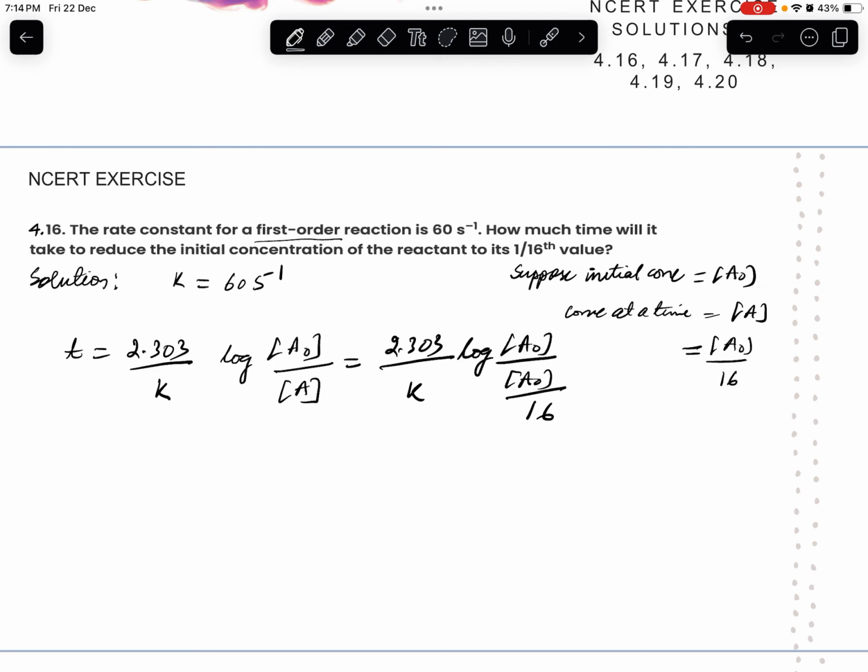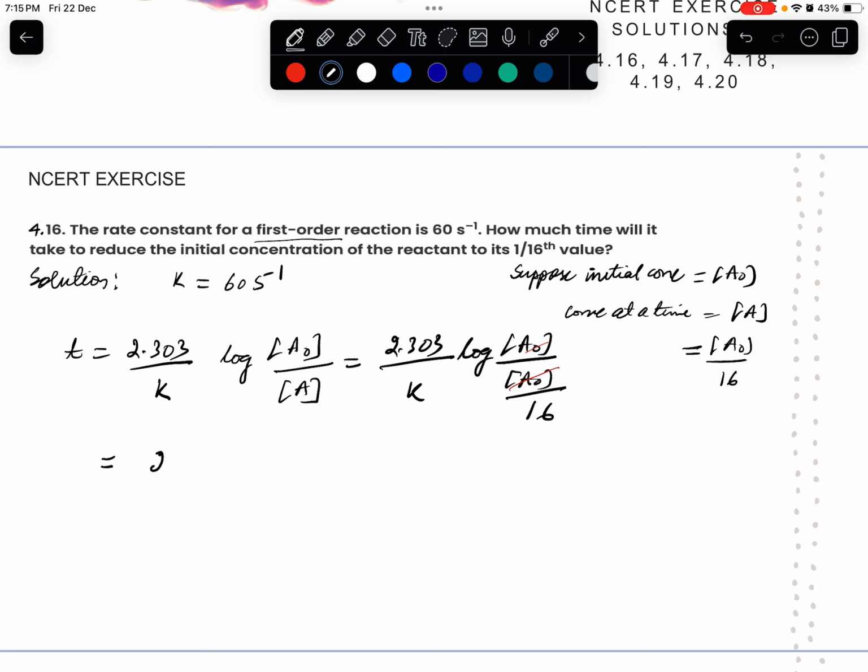We can simplify this. A naught will cancel out, and we are left with 2.303 divided by the value of K, which is 60 per second, and log of 16, because here 16 will come in the numerator. We find the value of log 16 from the log table, and after multiplication the final answer is 4.62 into 10 raised to the power minus 2 second.